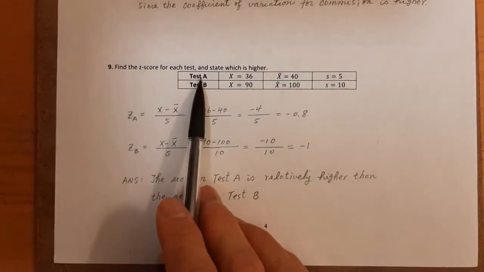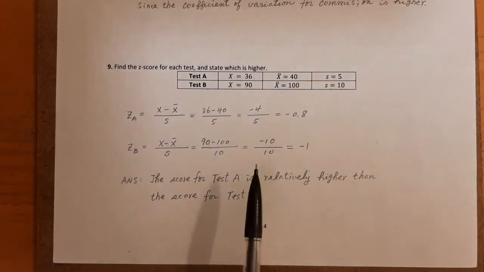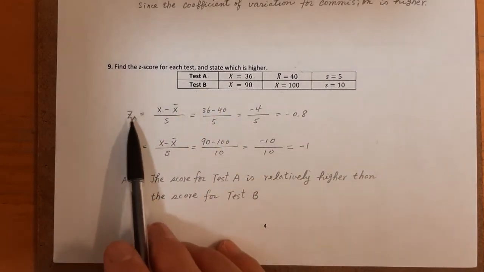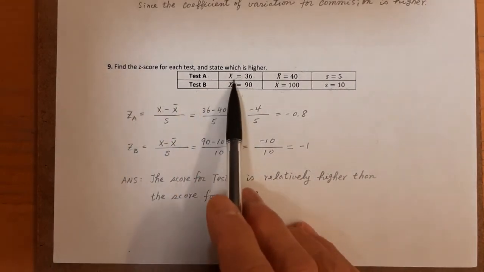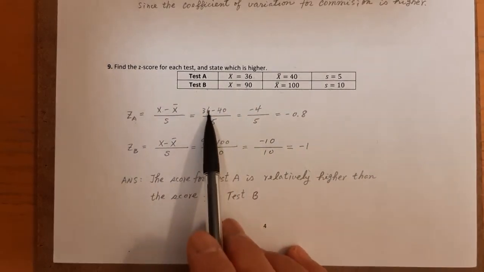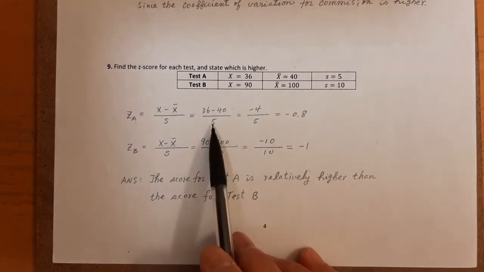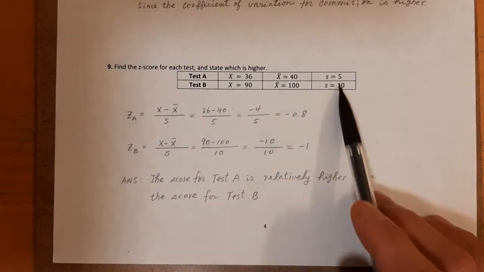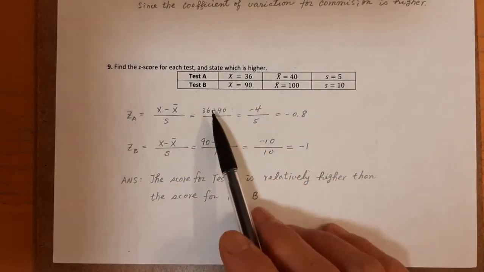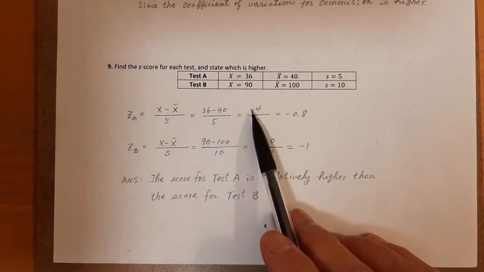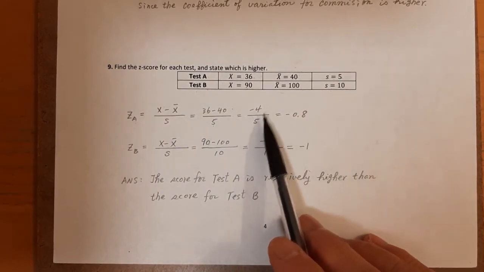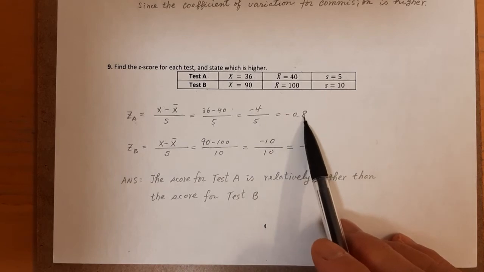So for test A, the z-score ZA: the score x is 36, minus the mean 40, divided by the standard deviation 5. So 36 minus 40 is negative 4, divided by 5, it's negative 0.8.